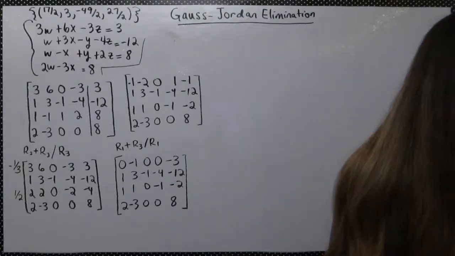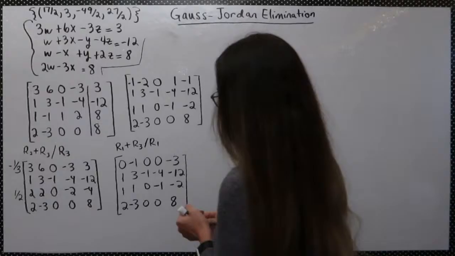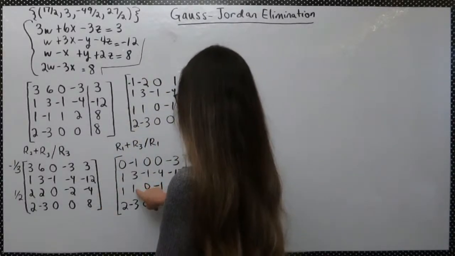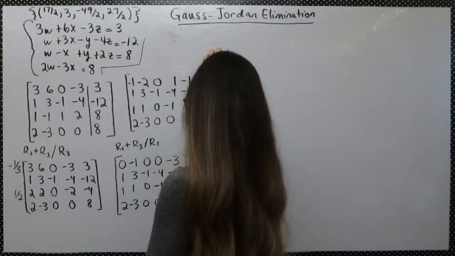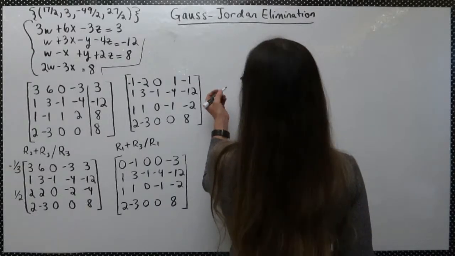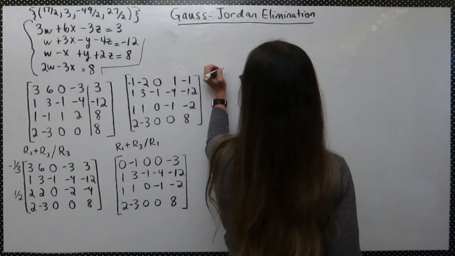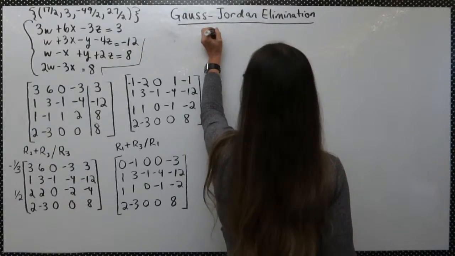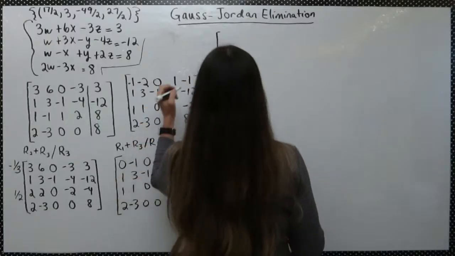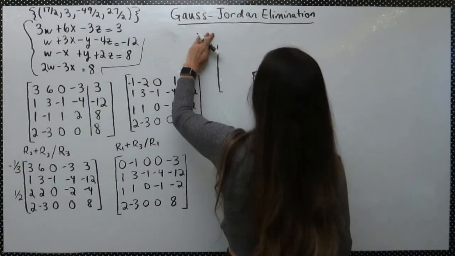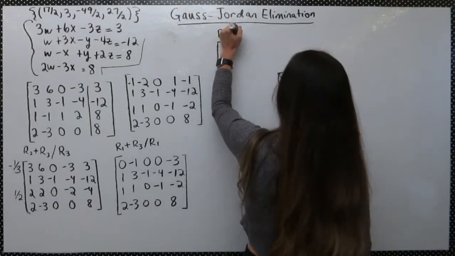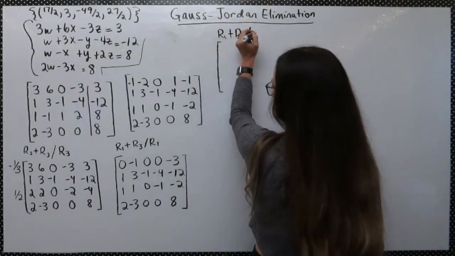If I add rows 1 and 3 again and replace row 3 this time, then I can make this position 0. So let's go ahead and do that. I'll do that here. So we're going to add, let's get that down just a little bit. Row 1 plus row 3. We're going to replace row 3 this time.